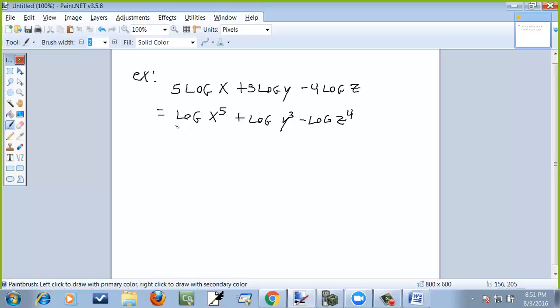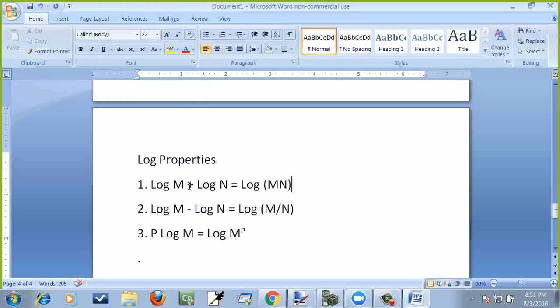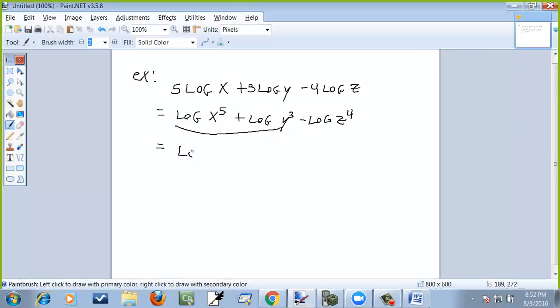Now order of operations says we handle it from left to right, addition or subtraction. Here we have log of something plus log of something. That's property 1: addition becomes multiplication. So that becomes log x to the fifth, y to the third. And this carries down.